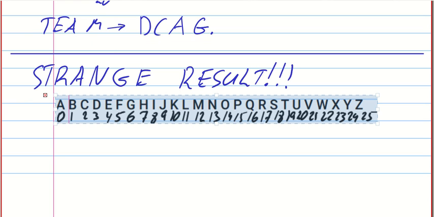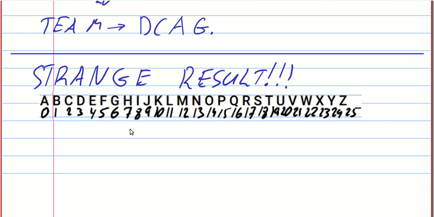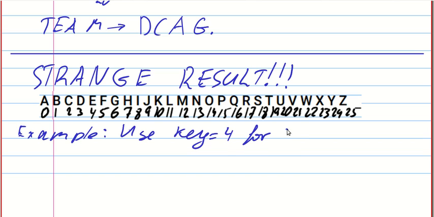Suppose we're going to take our alphabet because we're going to need it, and we're going to do this example that says use key equal to 4 for decimation cipher.